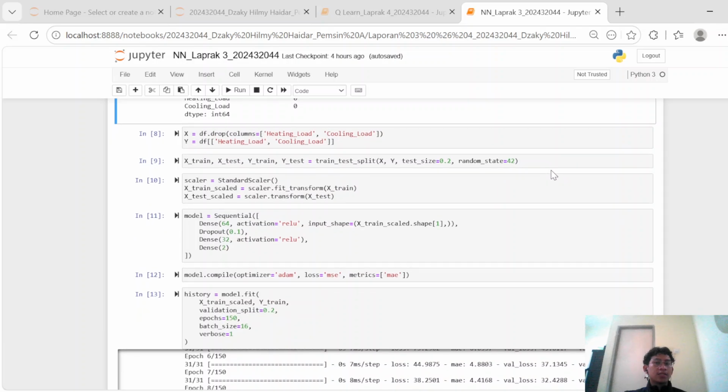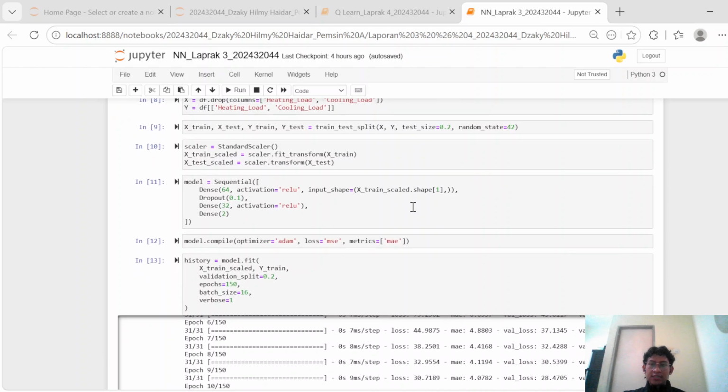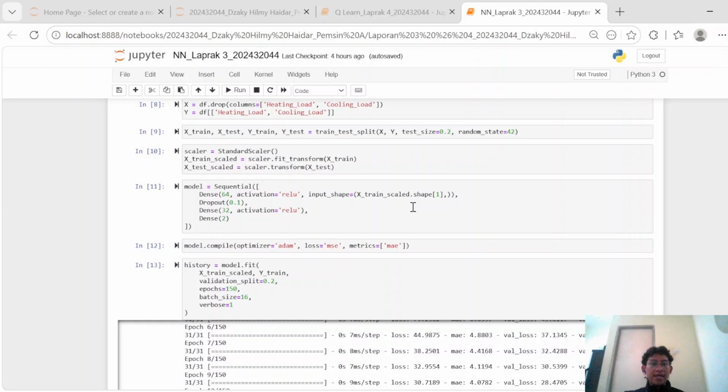Now let us discuss the core engine of this project, the multi-layer perceptron architecture implemented using TensorFlow and Keras. The model is built using a sequential topology consisting of four distinct layers. The input layer directly ingests the eight standardized architectural dimensions. Hidden layer 1 contains 64 neurons utilizing the ReLU, or rectified linear unit, activation function.